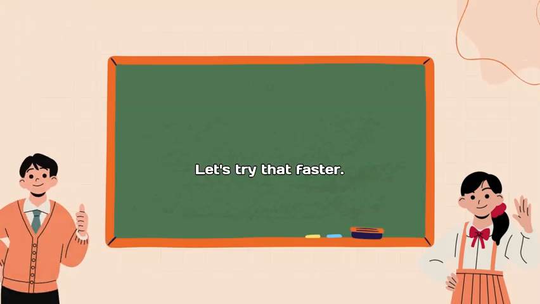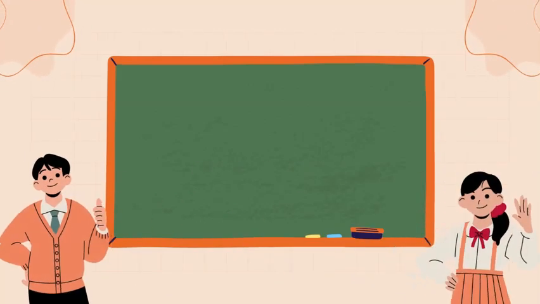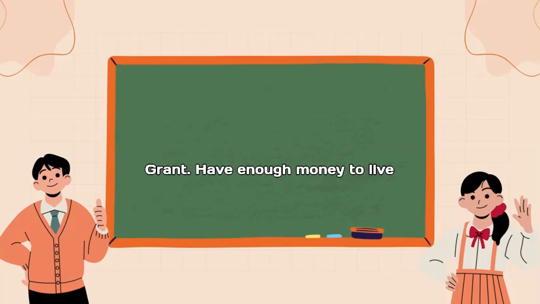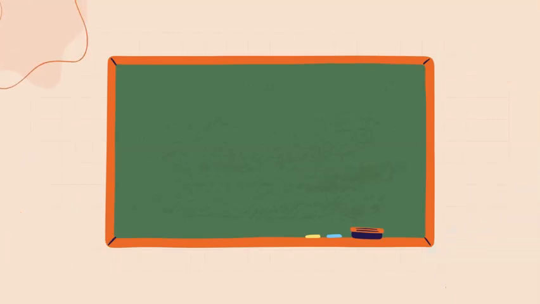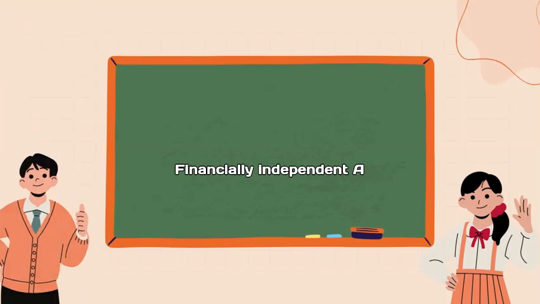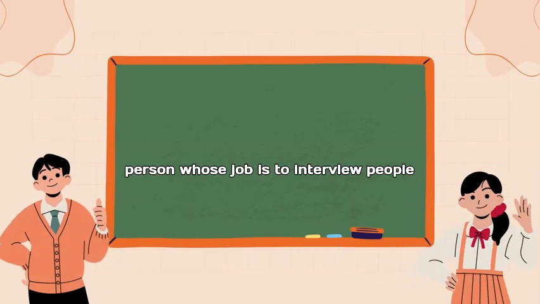Let's try that faster. Let you have something. Grant. Have enough money to live alone. Do not need help with money. Financially independent. A person whose job is to interview people for visas. Visa officer.